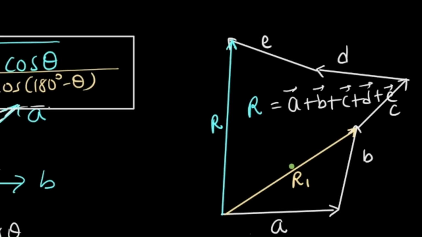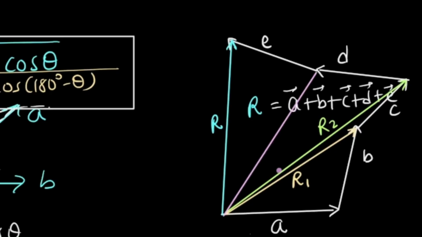Then you go ahead and figure out the sum of vector C and R1, and this will be your R2. In part 3, you're going to figure out the sum of R2 and D, and that would be vector R3. And lastly, figure out the sum of R3 and E, and that would be vector R.